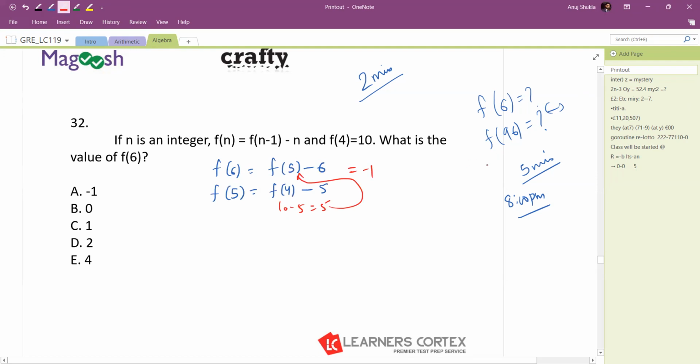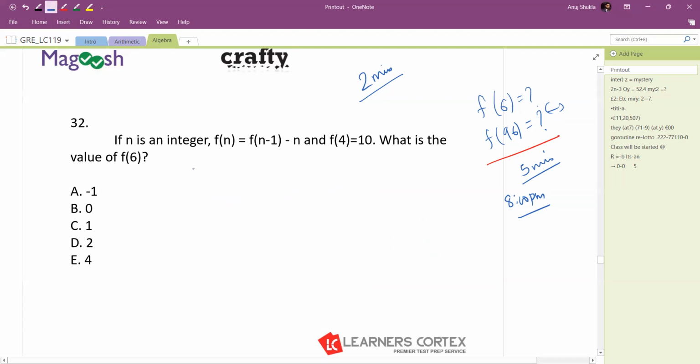But when they ask f of 96, you cannot follow this process, right? How many steps will be there? Somewhere around 90 to 95 steps will be there for finding f of 96. So you'll not follow this. There's another way of doing these kinds of questions. You have to find f of 96, right? So write it, f of 96.